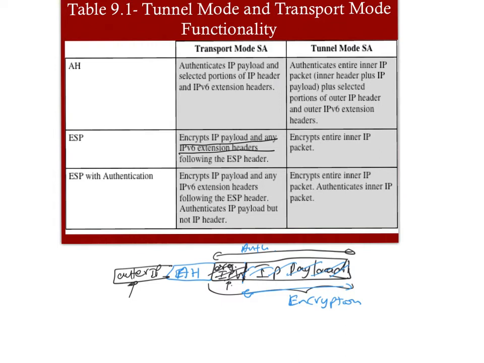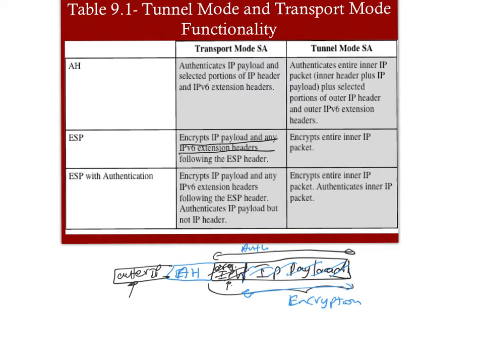So if IPv6 points to an extended header, then the extended header is going to be encrypted. That's the only condition. But in normal cases, the encryption only includes the IP payload. But if there is any IP version 6 extension, it may be encrypted as well. Okay? But in normal cases, we encrypt only the payload and leave the IP header exposed so that routers may perform routing.